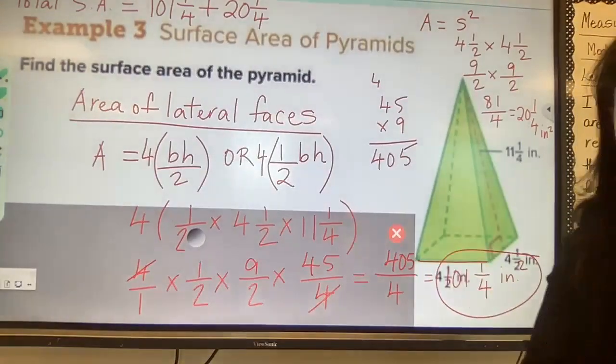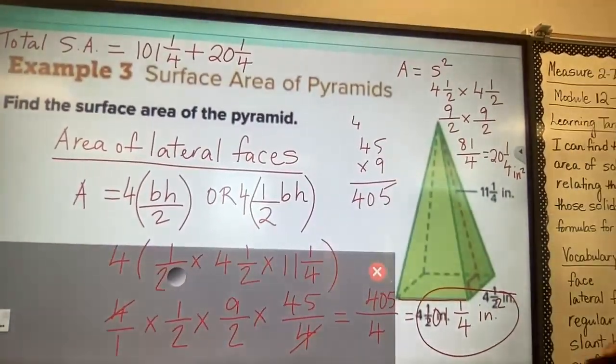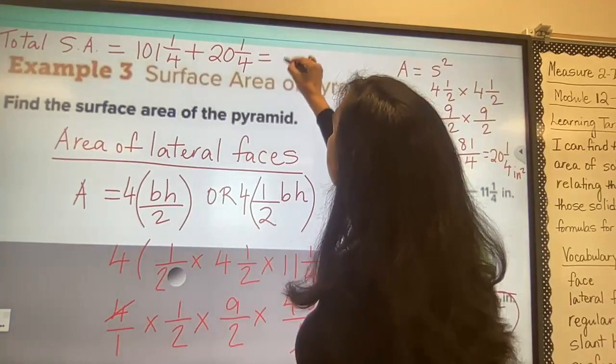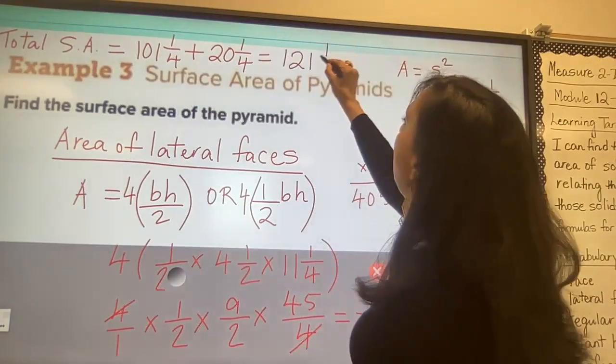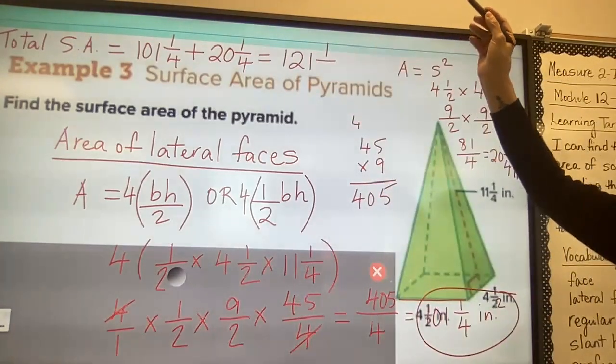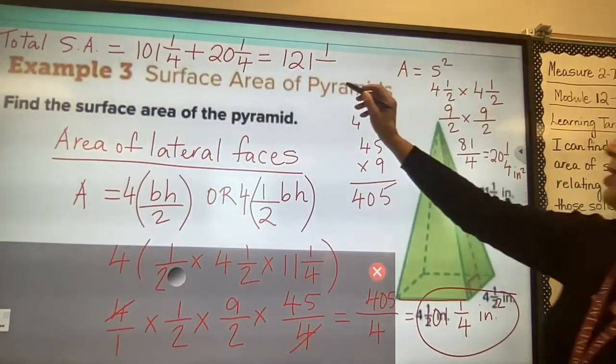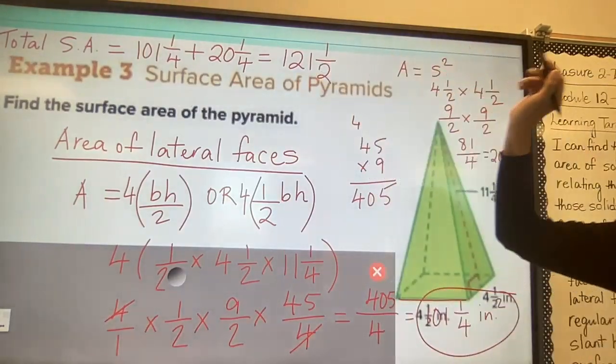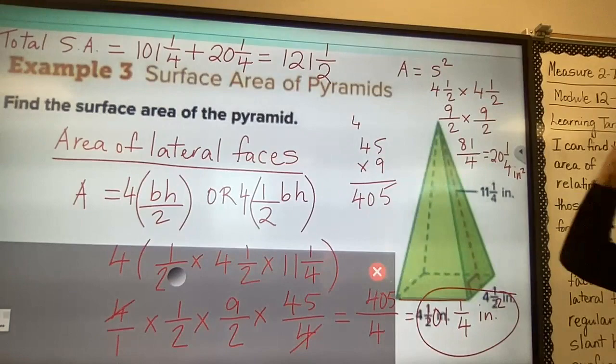And so when I add this up, I am going to get 121 and 1/2 square inches.